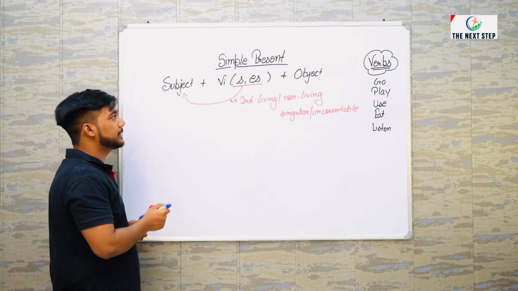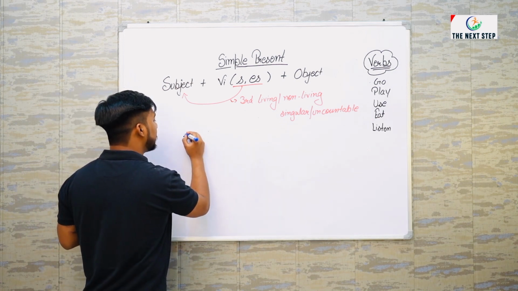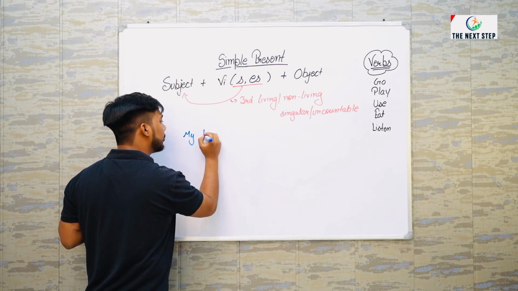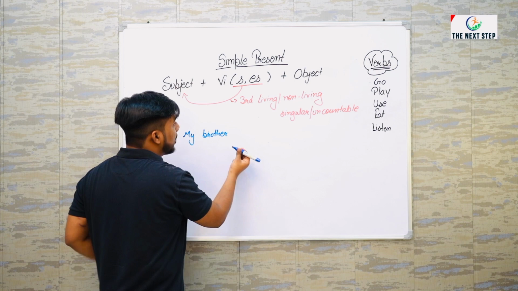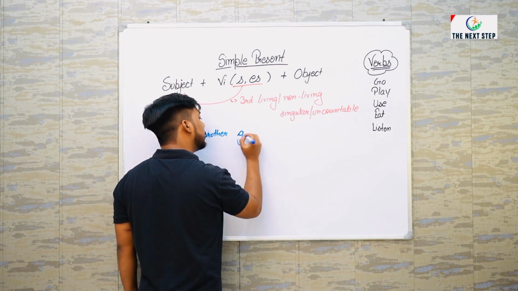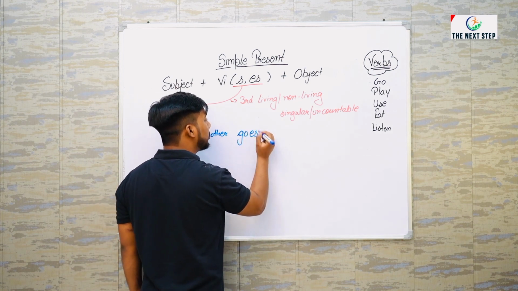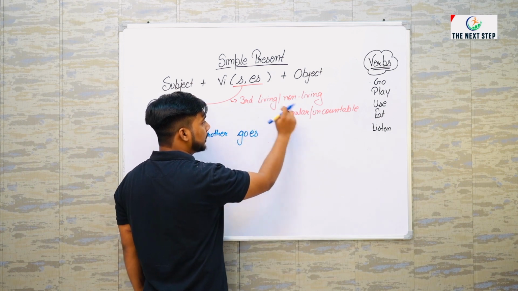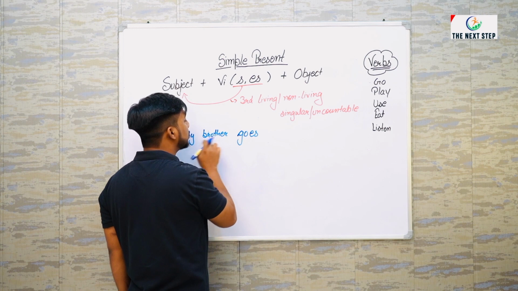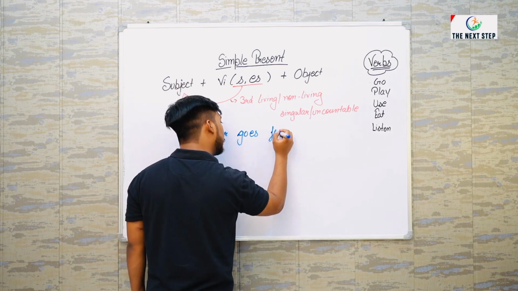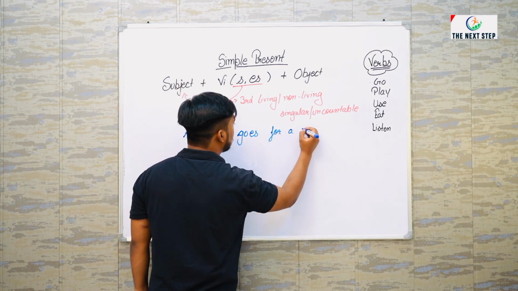Let me give you some examples. For example, my brother. My brother go. I'm talking about third, living, singular, so I have to use S or ES. I'm using my brother goes for a walk.